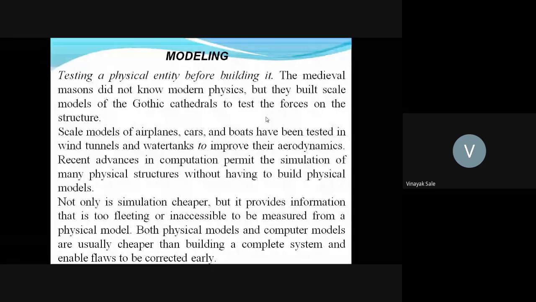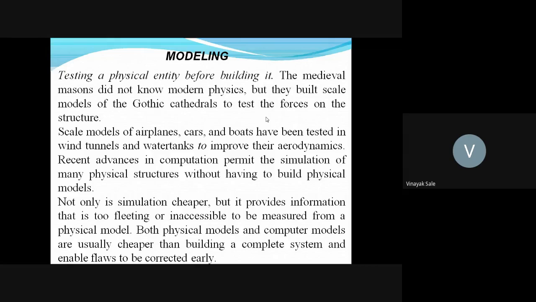Scale models of airplanes, cars, and boats have been tested in wind tunnels and water tanks to improve their aerodynamics. Recent advances in computation permit the simulation of many physical structures without having to build physical models.